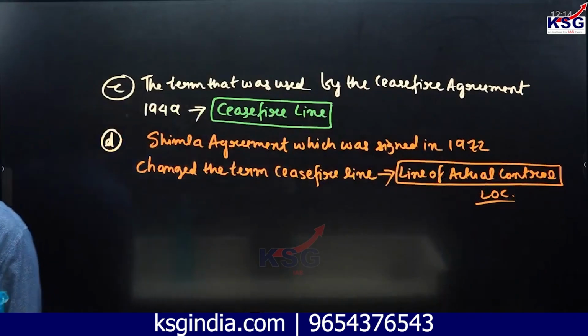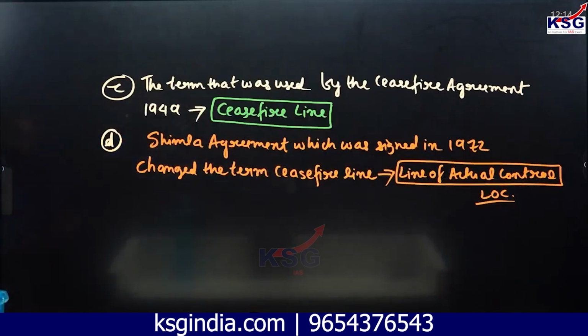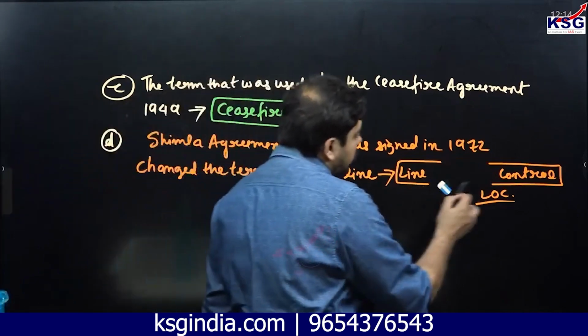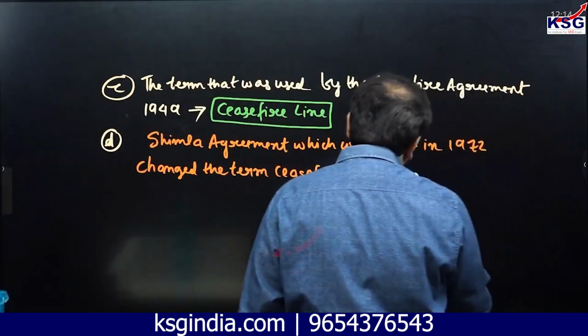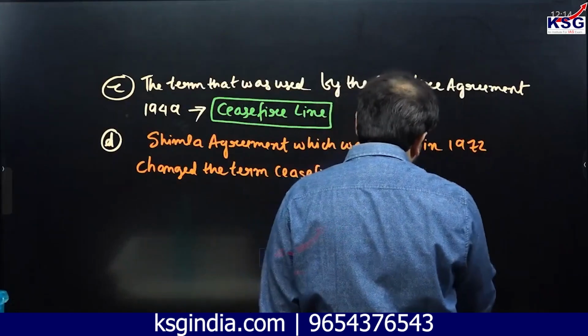Okay. Point number D says the Shimla Agreement, which was signed in 1972, changed the term ceasefire line and converted it into what is known as line of control. Sorry, not line of actual control. I'm sorry. Line of control, LOC.